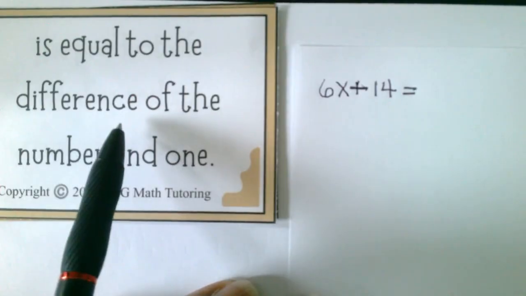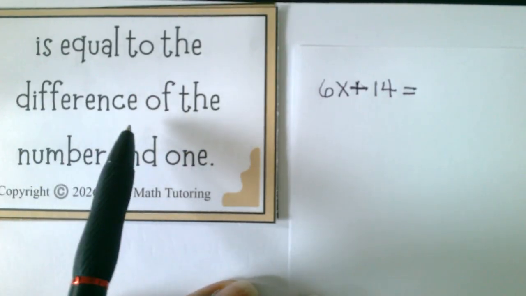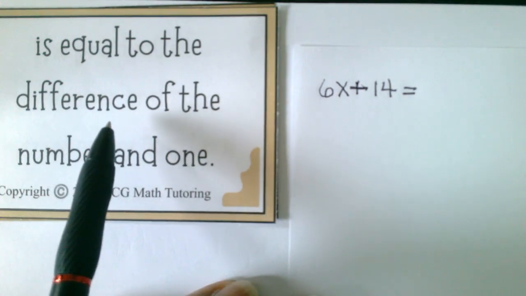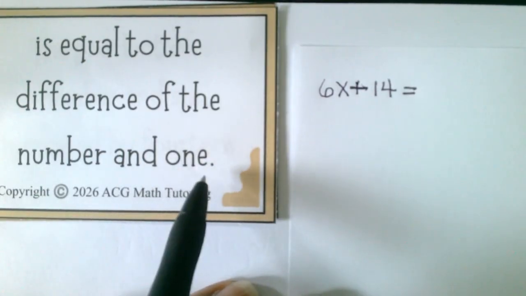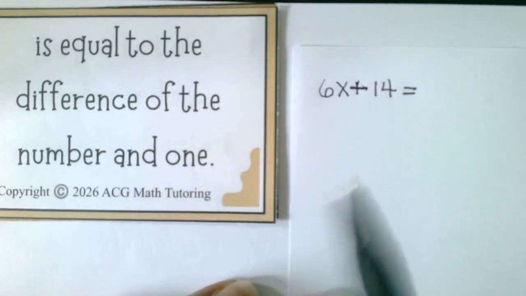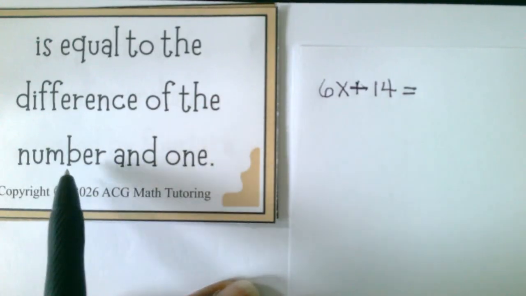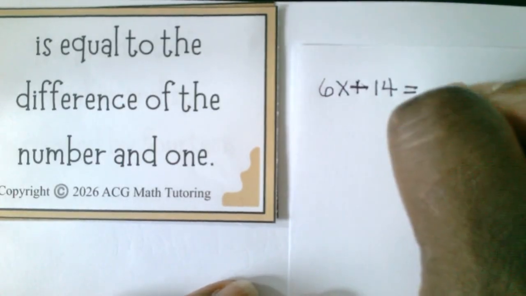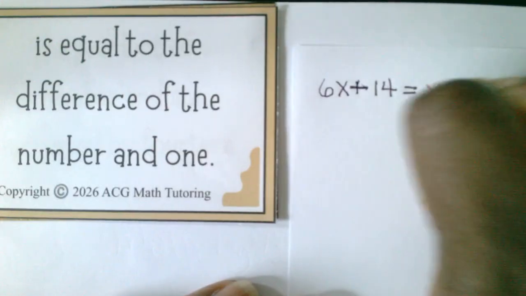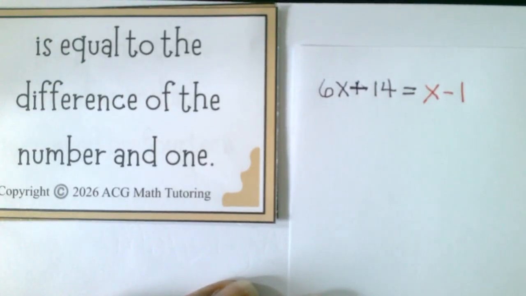The difference. So, difference is an operation. Difference is going to be subtraction. Right? Difference of what? Difference of the number and 1. So, we are subtracting 2 things. And the 2 things are the number that we have here, which is x, and 1. So the difference is going to equal subtraction.